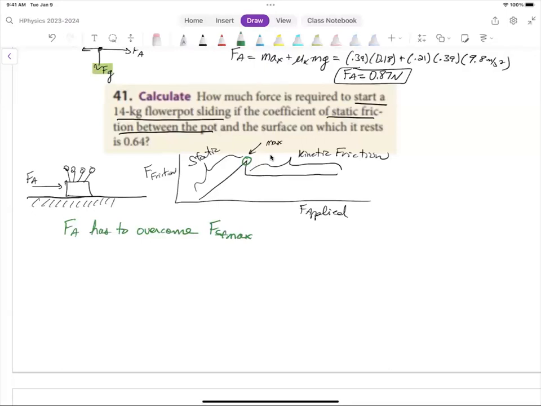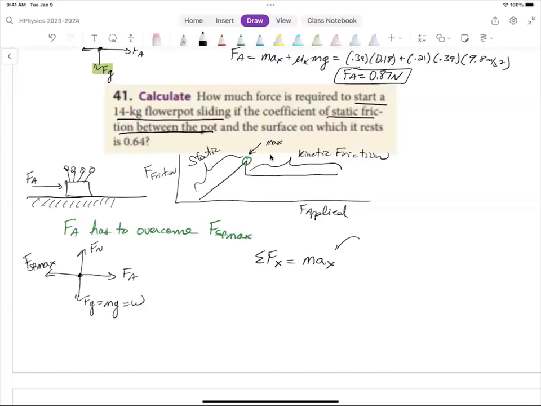Okay. So let's draw a free body diagram. Force applied, force normal, force of gravity, which equals mg, which equals weight. And then it's not a question about where I'm at on that static friction. I'm at the maximum. To get it to slip, I got to be at max. So sum of the forces in the x direction is equal to mass times acceleration in the x.